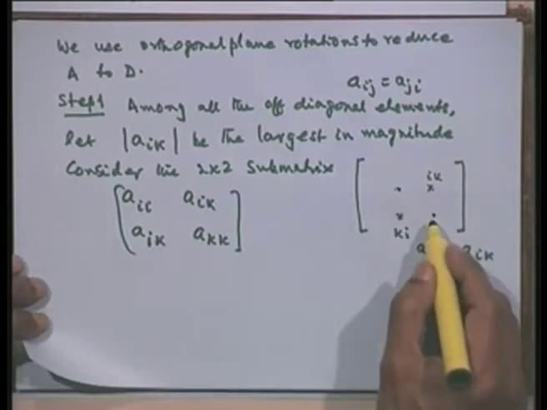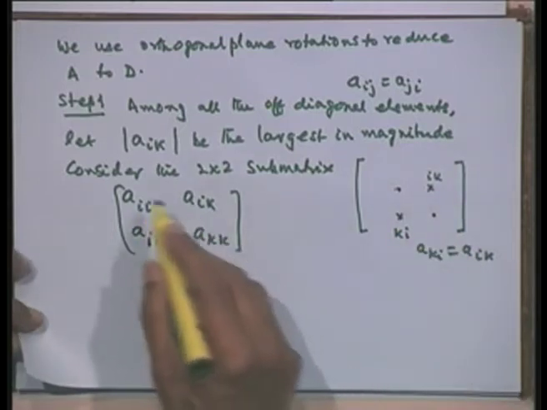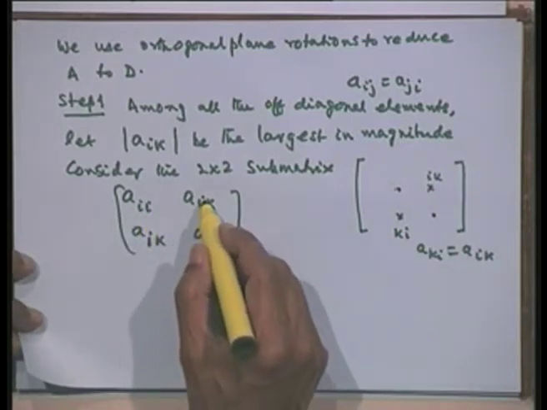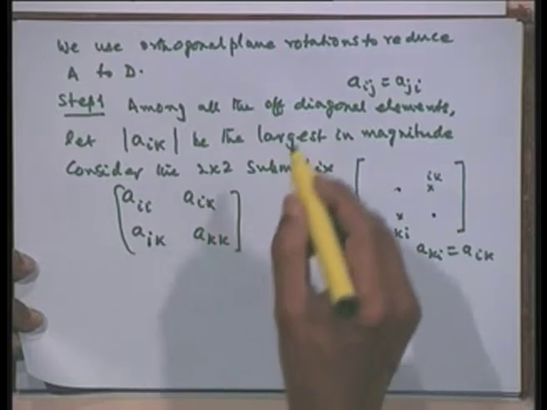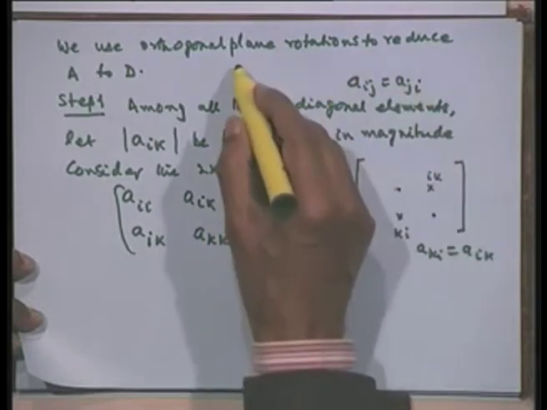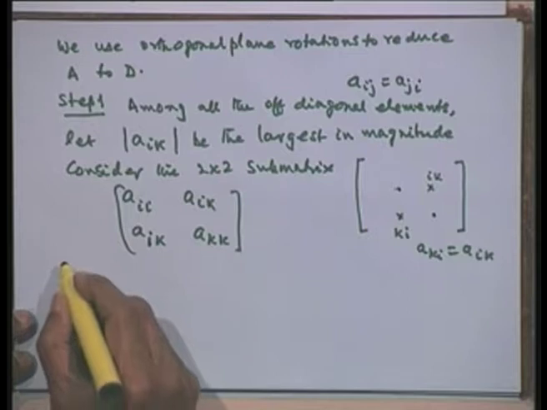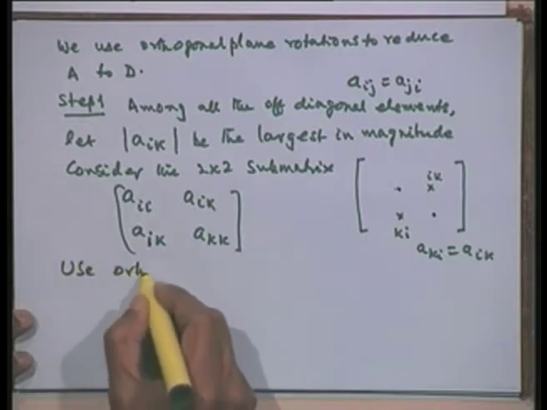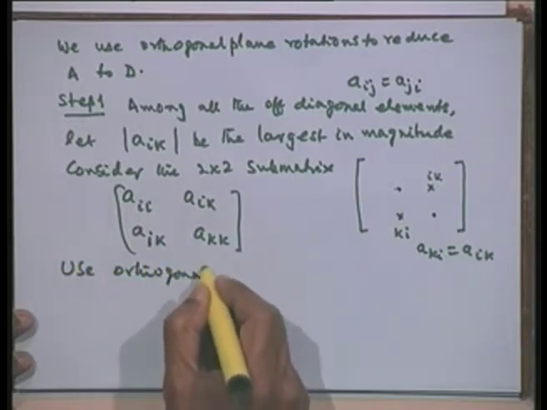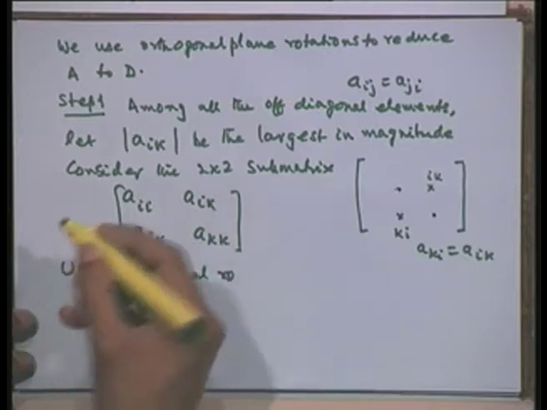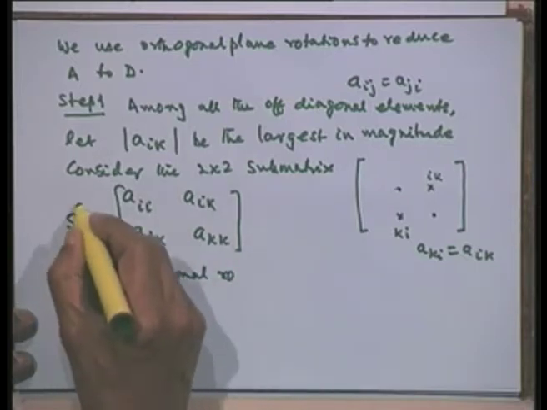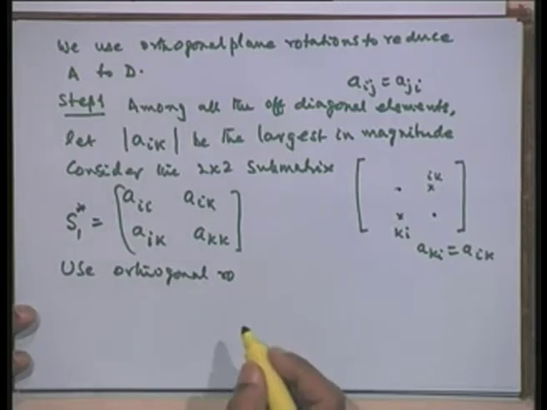Now I consider this submatrix and reduce this element Aik to 0 by using an orthogonal rotation in the plane. Let us use some S1 star so that we can use it.